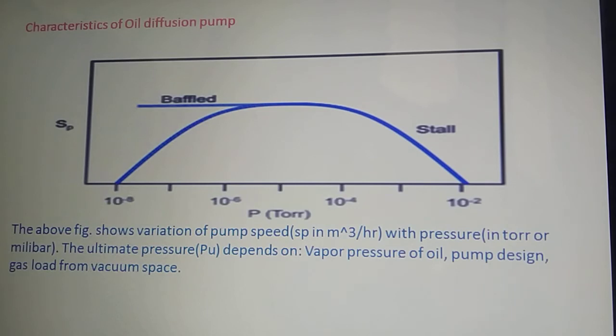The ultimate pressure depends on the vapor pressure of the oil, pump design, and gas load from the vacuum space. Right. So this is just some small characteristics of the oil diffusion pump, its working and principle.